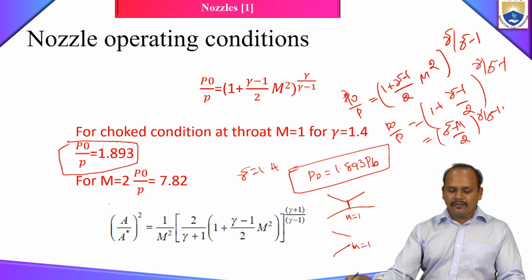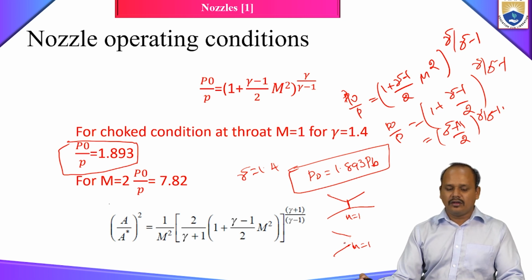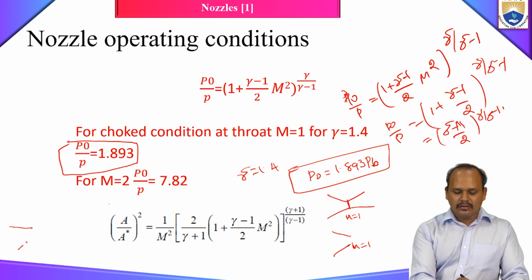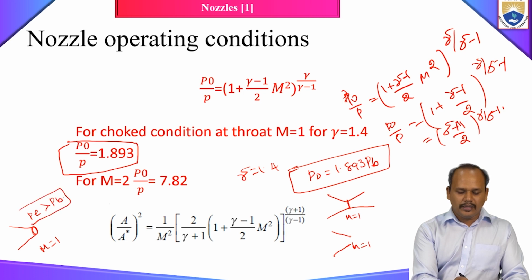Now, if I increase this P naught, what will happen? Let's first take a convergent nozzle. If I give anything more than P naught equal to 1.893 times your back pressure, you will have M equal to 1, but at the exit location you will have some exit pressure PE that will be greater than PB.